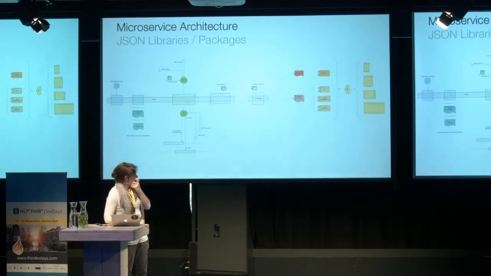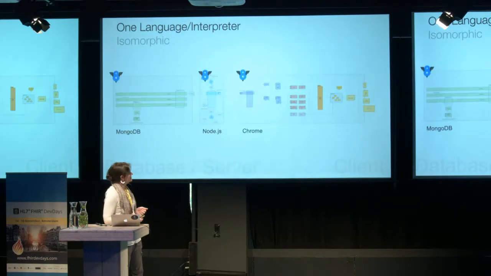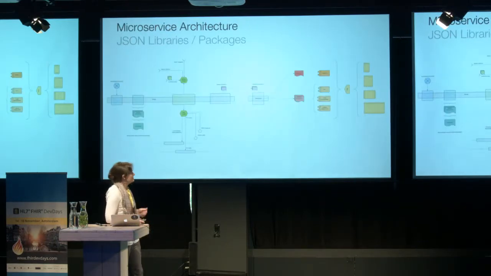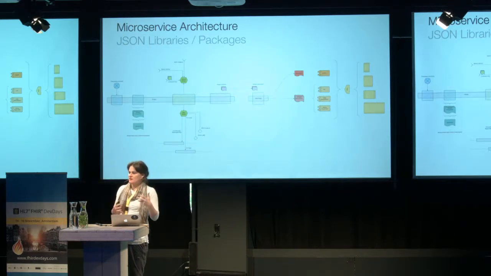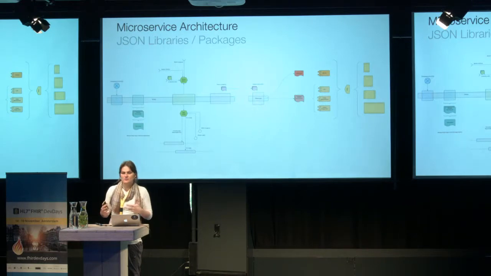So after mapping out all of this, we started extracting where JSON and FHIR potentially fit in all of that.